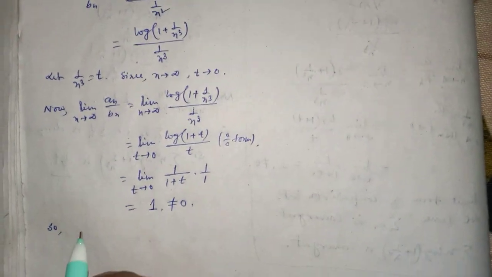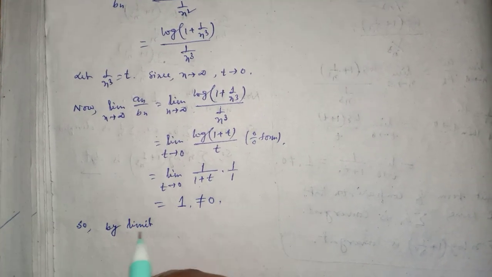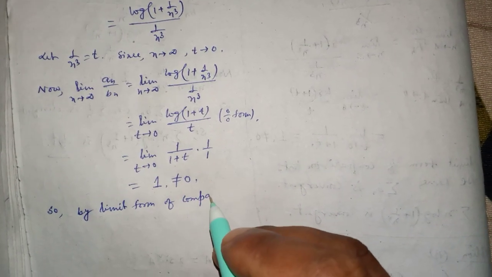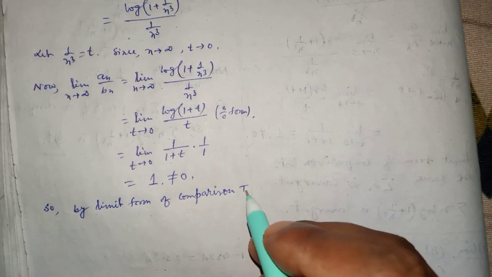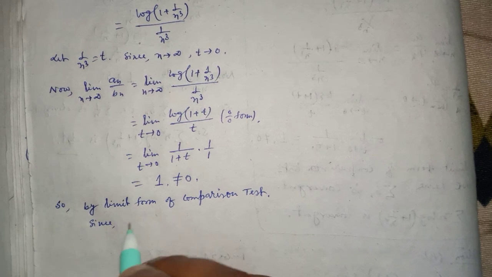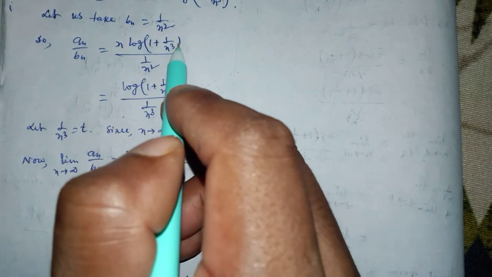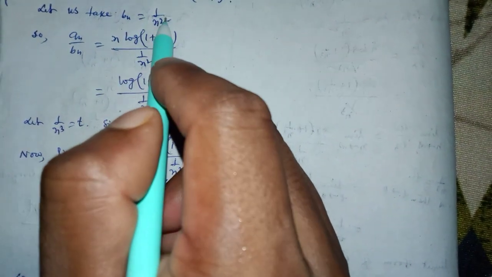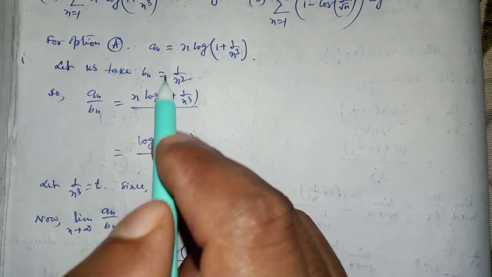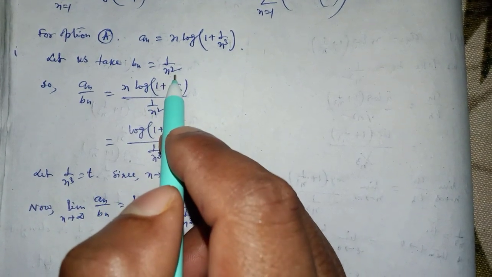So by limit form of comparison test, since bn is 1 by n square, the series bn is convergent because summation 1 by n square is convergent.